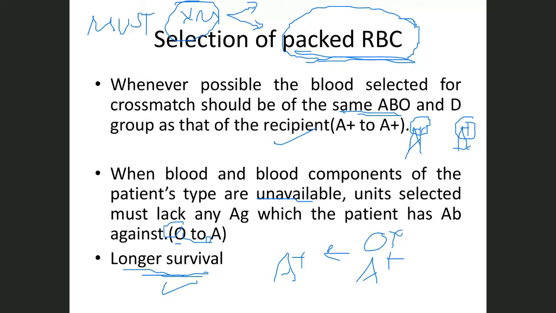I don't want to give it to the patient and then have it destroyed, isn't it? We don't want that. When hemolysis happens, first the hemoglobin will drop. And the second thing, what's the problem? What will happen if the red blood cell lyses?